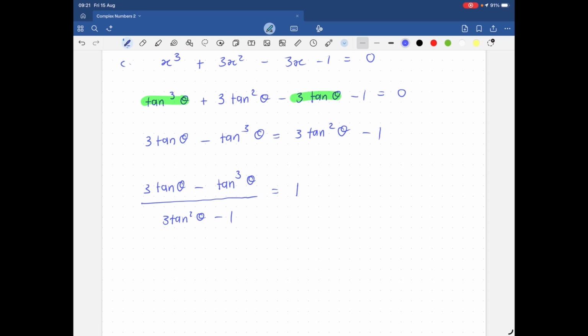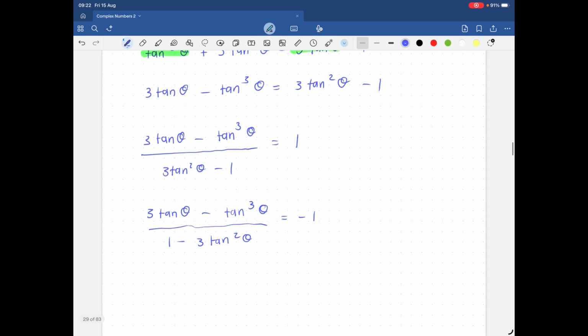Now what we can do is we can go, okay, this is almost what we got in part 1. But if I multiplied the bottom by -1, then we would actually get what we want. So 3 tan theta minus tan cubed theta. If we multiply the bottom by -1, we're going to get 1 minus 3 tan squared theta. And that gives us over here -1.